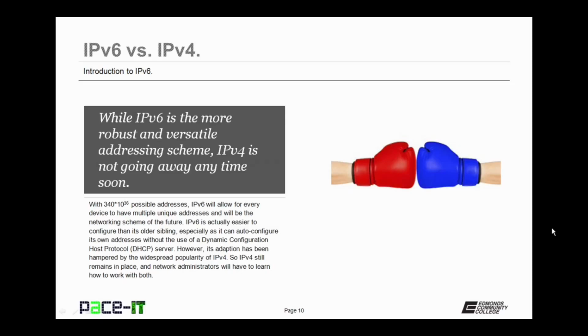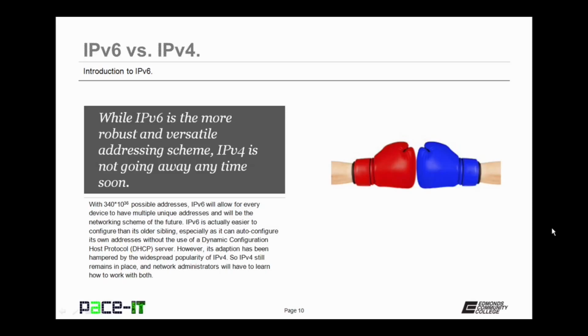IPv6 is actually easier to configure than its older sibling IPv4, especially since it can auto-configure its own addresses without the use of DHCP. However, its adoption has been hampered by the widespread popularity of IPv4.